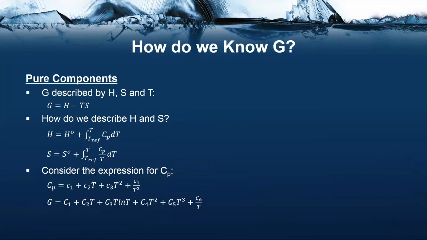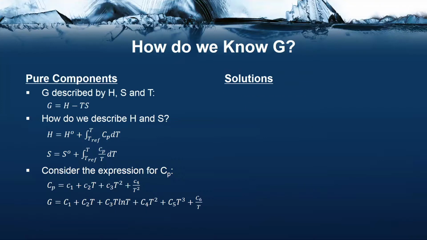As we have seen when familiarizing ourselves with the binary phase diagram, we often have solution phases in both the liquid and the solid phases. These phases cannot be described as pure components, and we have to introduce new terms to account for the Gibbs free energy.